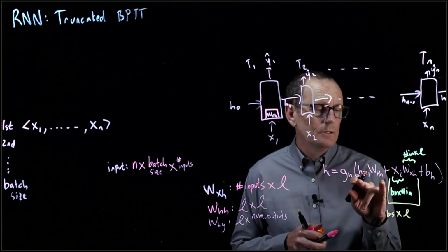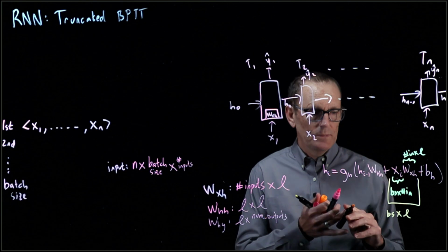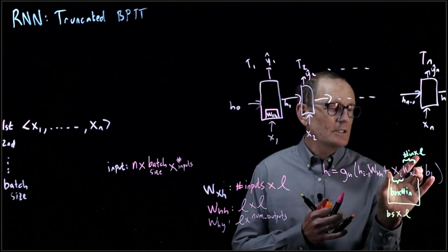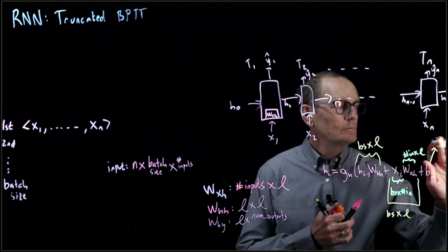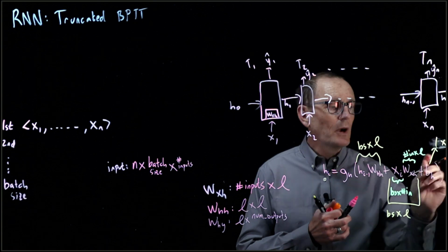So this means, first off, if this is batch size times L, this whole thing better also be batch size by L. And this is going to be 1 by L, and will be broadcast into here.